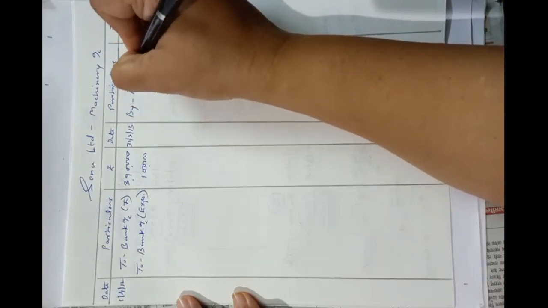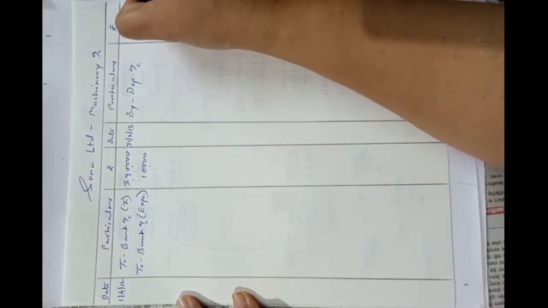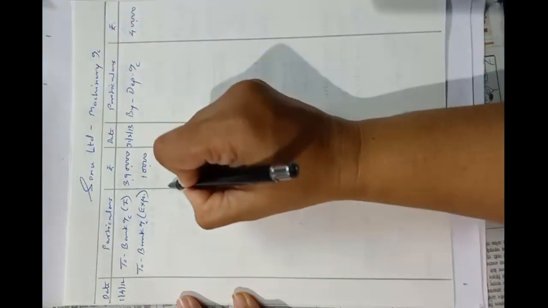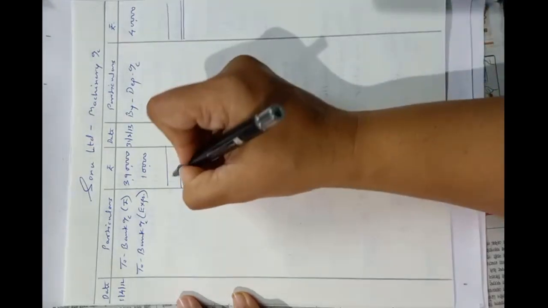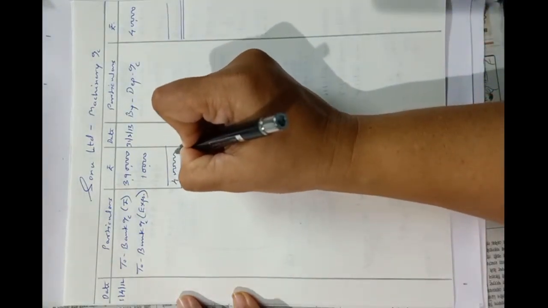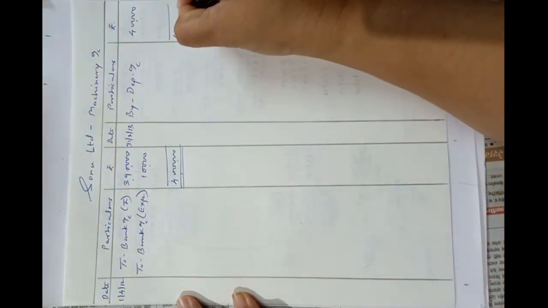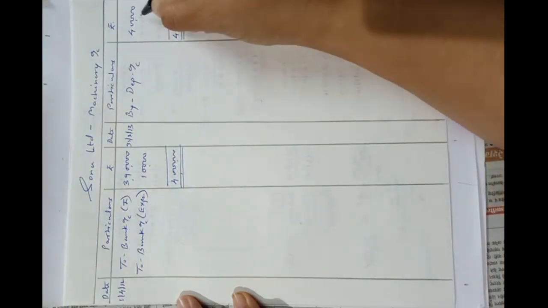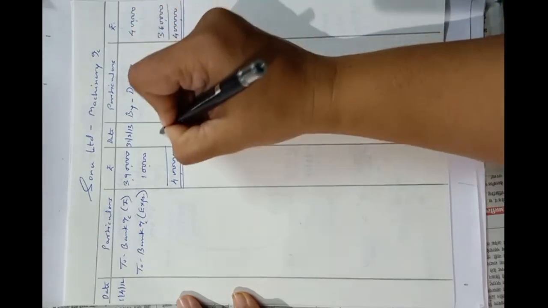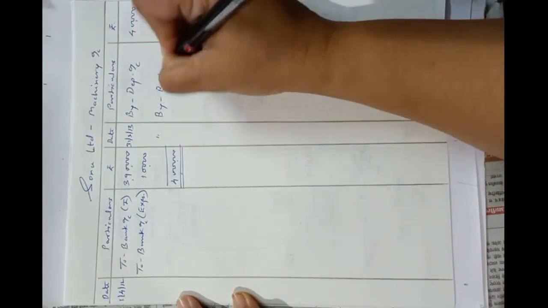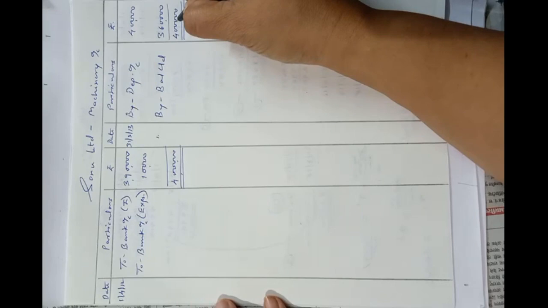2013 we have to deduct the depreciation by depreciation account, and depreciation will be 40,000. And now we will tally 4 lakhs minus 40,000, balance will be 3,60,000 on 31st March 2013 by balance carried down 3,60,000.